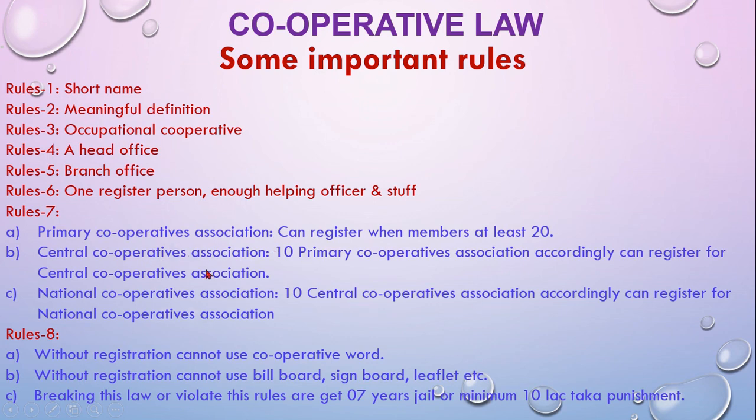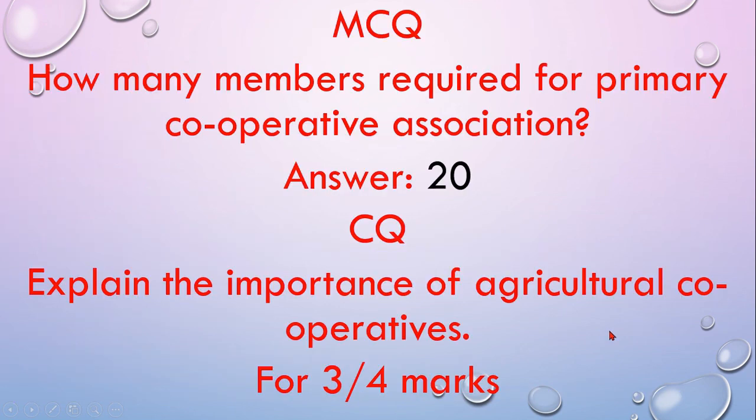So you have to maintain these rules as well. And rule number 8 is that without registration you cannot use the word cooperative, nor use billboards, signboards, leaflets, etc. If they break or violate these rules, they get 7 years jail or a minimum 10 lakh taka punishment. So this is all about today's lecture.